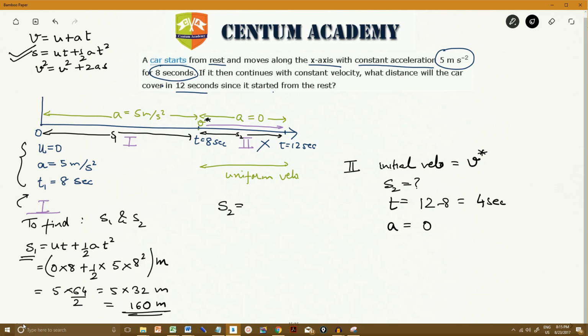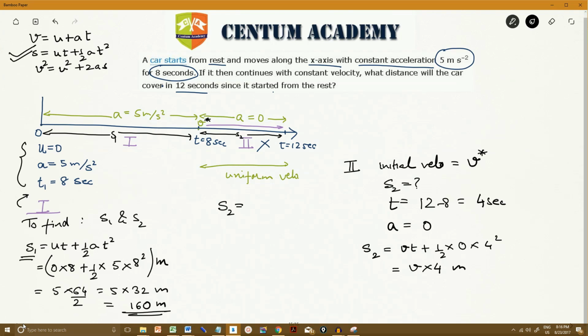Now let's deploy all these values. S2 is equal to vt plus half into 0 into 4 square. Don't get confused with this v. This v is just a value, so it's like in this case the u was v. We do not know v, but it's clearly v into 4 meters. So if we know v, we can find out S2.